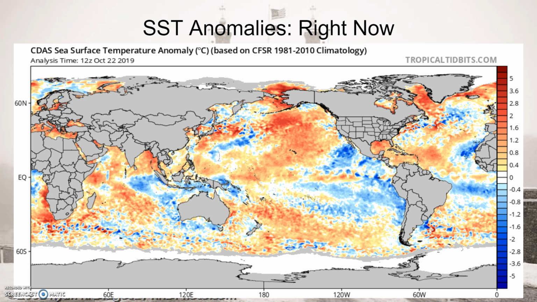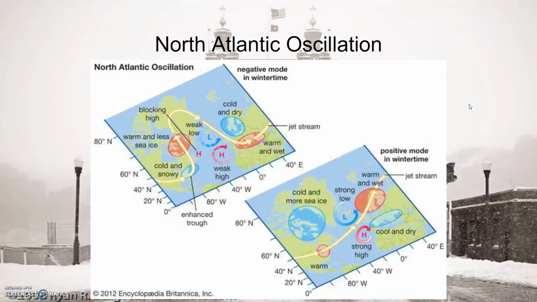Last winter we had a weak El Nino, which had an impact on our winter. This winter that should not be the case. We have all this very warm water here, which would indicate a positive PDO, and we've got our positive NAO running through here.